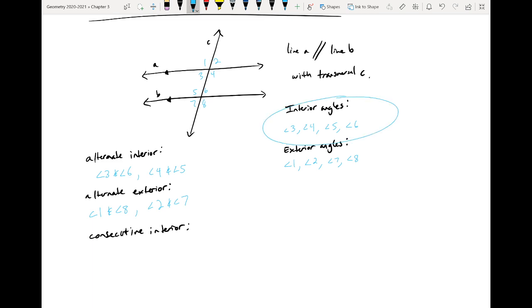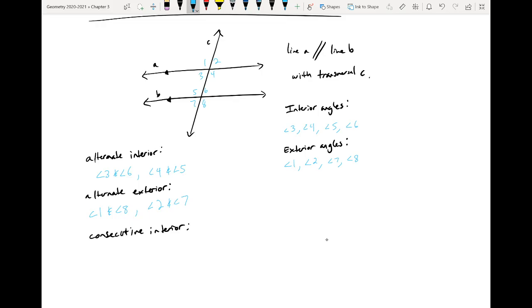It's just going to be 3, 4, and 5, and 6. Okay, so consecutive interior works like this. Now, somebody might say, ooh, I know, interior, well, it's going to be 3 and 4. No, no, no, 3 and 4 already have a name. Remember, angles 3 and angle 4 are just a linear pair. Right? Those guys are going to be a linear pair.